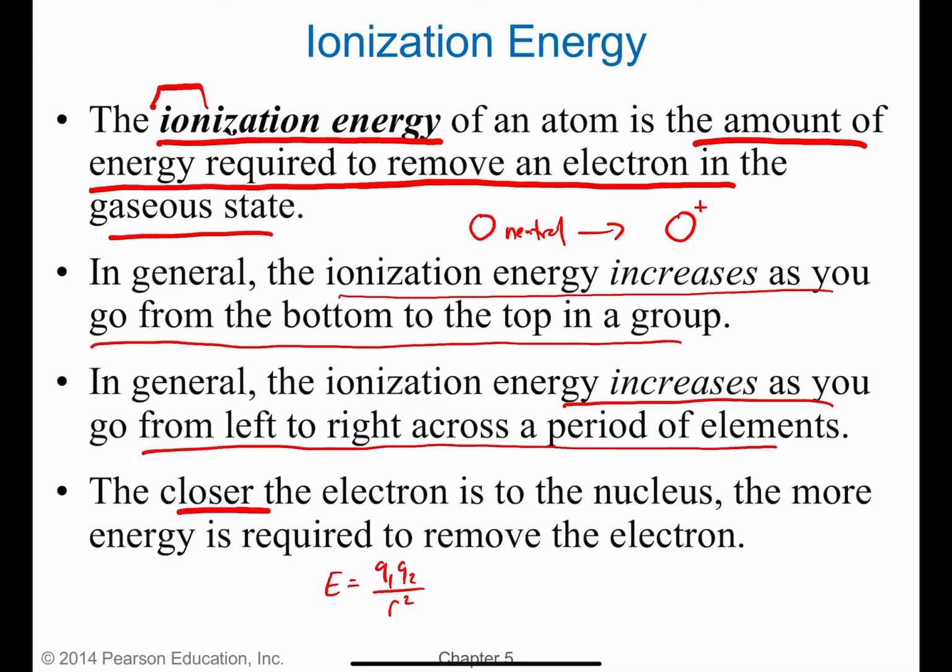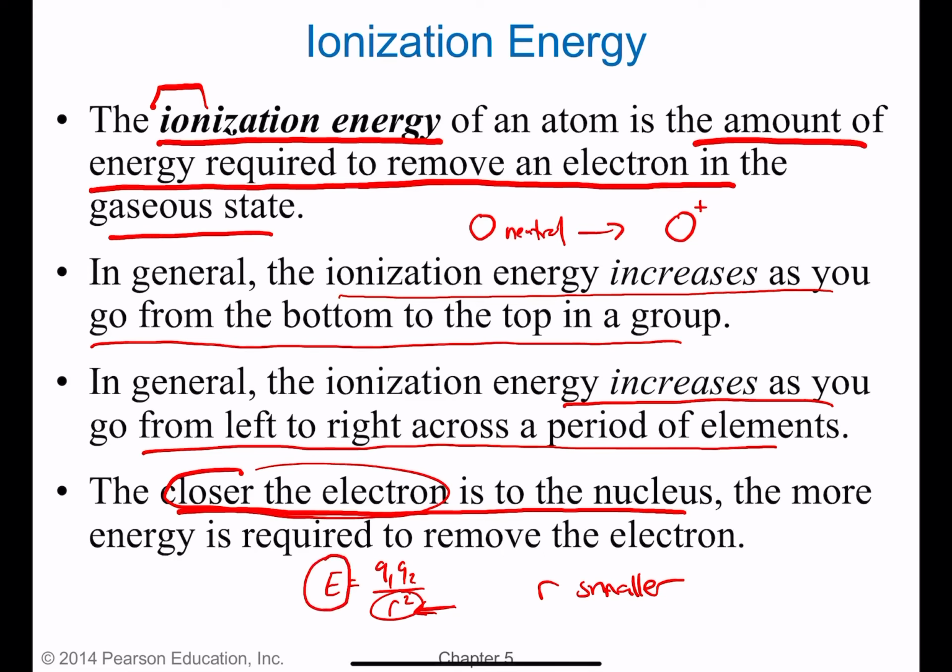So the closer the electron is to the nucleus, the more energy is required to remove an electron. Again, that R squared is kind of like the distance between the two charges, and in this context, you can think of it as the radius of the atom. If you have an electron that's closer to the nucleus, that means R is smaller, because the distance between the nucleus and the electron is smaller. If you make the denominator smaller, then the quantity out front becomes larger.